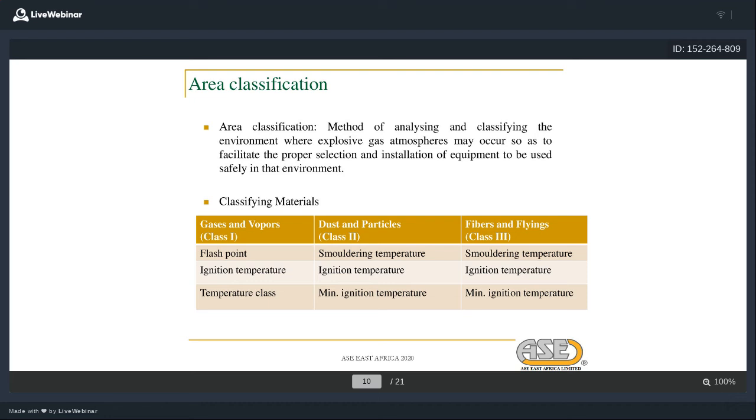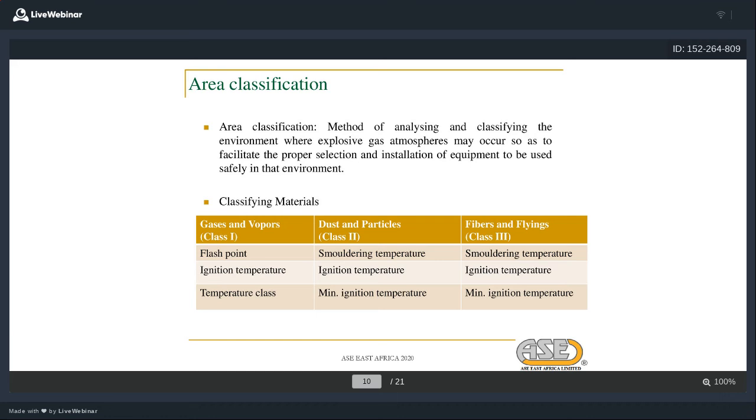And in classifying materials, we categorize them into 3 types. Gases and vapors, we call them class 1. Dust and particles, we call them class 2. And fibers and flyings, we classify them as class 3.